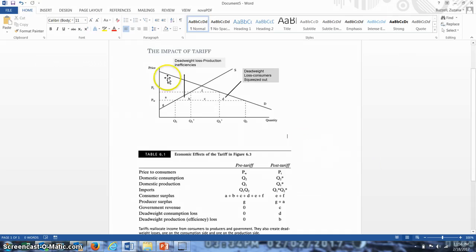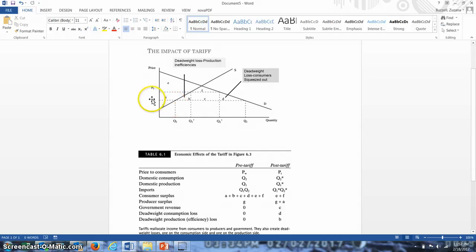So we established that we have a price, world price, that's the current price, and then price PW plus T or PT, that's after the tariff. So we also know what the consumer surplus is, and we also know what the producer surplus is, right? So when we introduce the tariff, all of a sudden there are more players in the game.